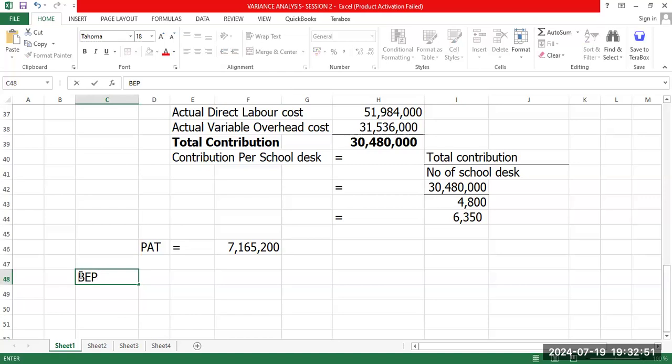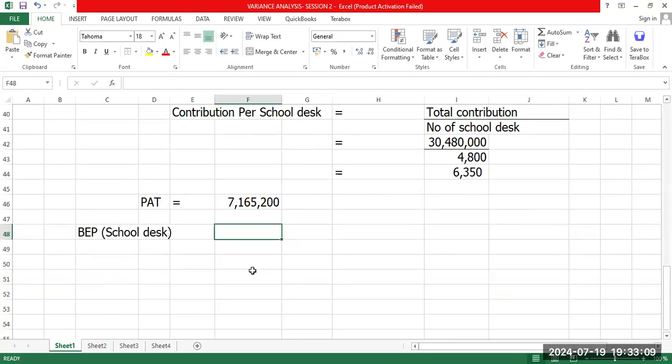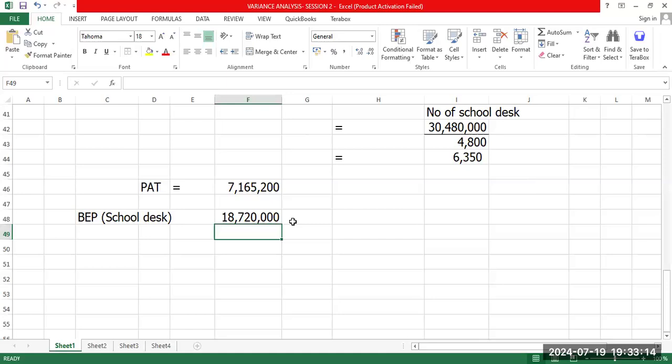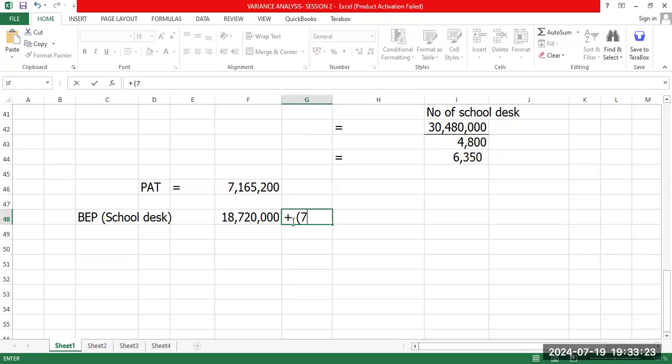Break-even point, that is the number of school desks to break even. How many desks do you need to break even? You substitute the fixed costs, which are these ones. Then we add this figure, 7,165,200.